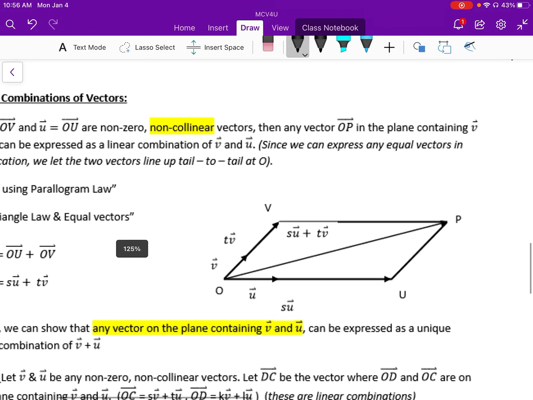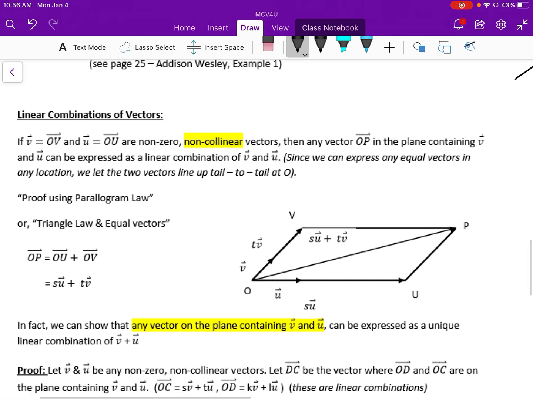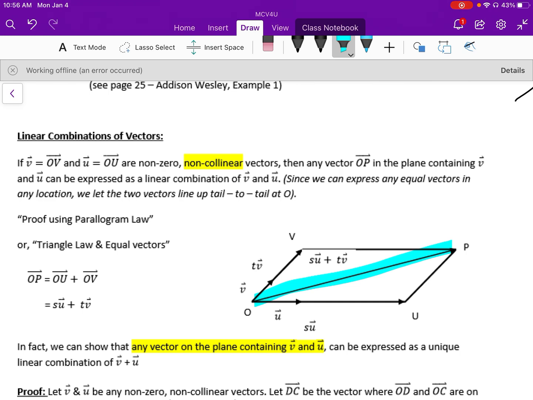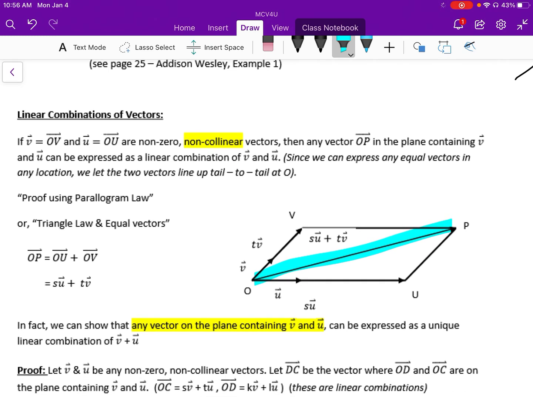What we're going to do is say that we can express a third vector, and this is vector OP, in terms of the original two, OU and OV. By looking at the two vectors as far as a parallelogram law, we can arrange our two vectors U and V tail to tail. We have OP at the same tail.